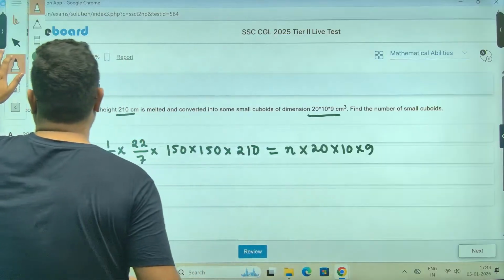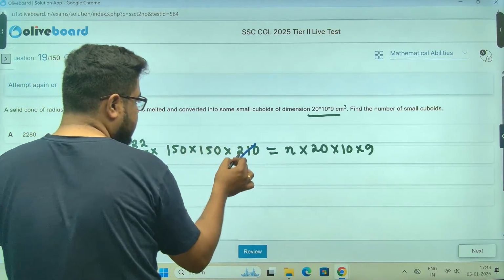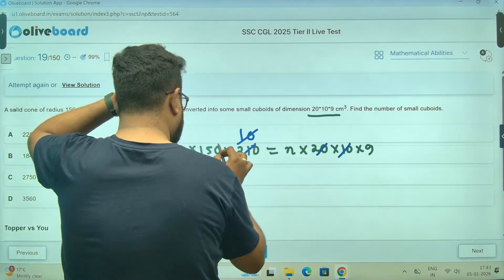So they are asking to find the value of n. Chalo, do a calculation. 7 3 21, this is 10. This 10, this 10 cancels. 0 0 cancels.